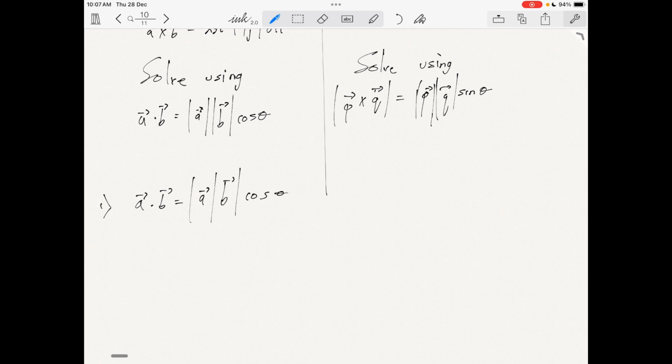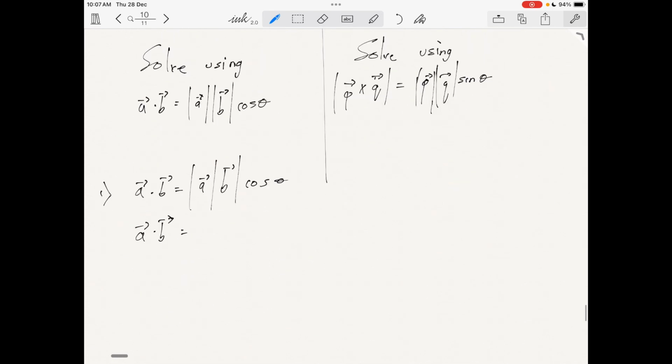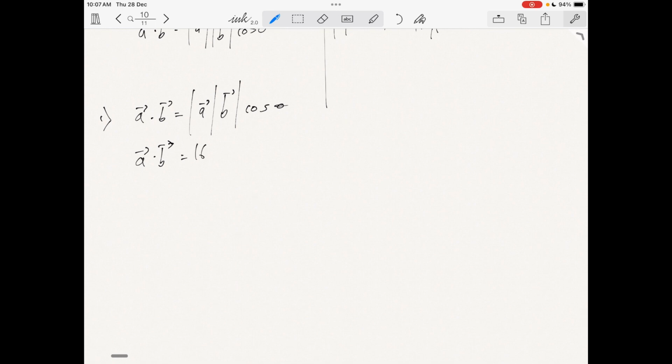We realize that we have A dot B, as we calculated in our last video, to be equal to 16. And we have to evaluate our modulus of A, and also we have to evaluate our modulus of B. So let's write out the question here again so that we can easily evaluate the modulus.